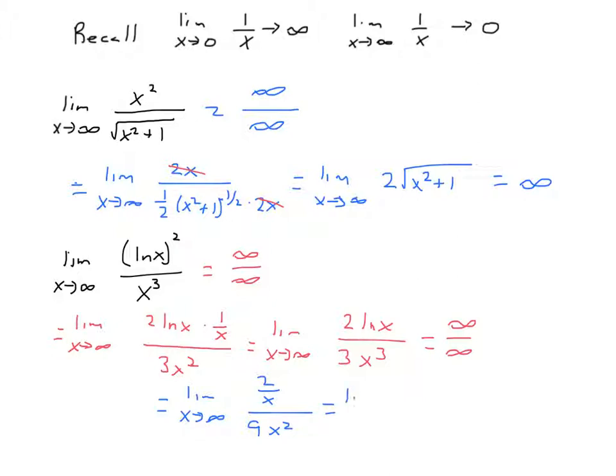That's going to be the limit as x approaches infinity of 2 over 9x cubed. And as x goes to infinity there, that is going to result in a 2 over infinity, which we can think of as 0. So therefore, the limit as x approaches infinity of the natural log of x squared over x cubed does come out to equal 0.